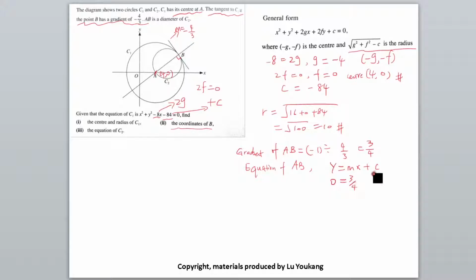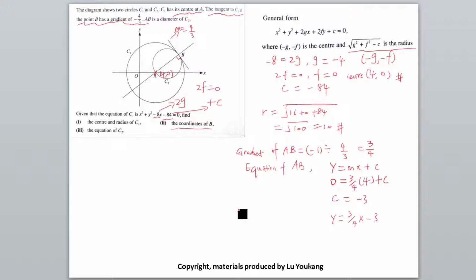So you get 0 equals 3/4 times 4 plus c. So your c equals minus 3. Therefore, we get the equation of AB: y equals 3/4 x minus 3.